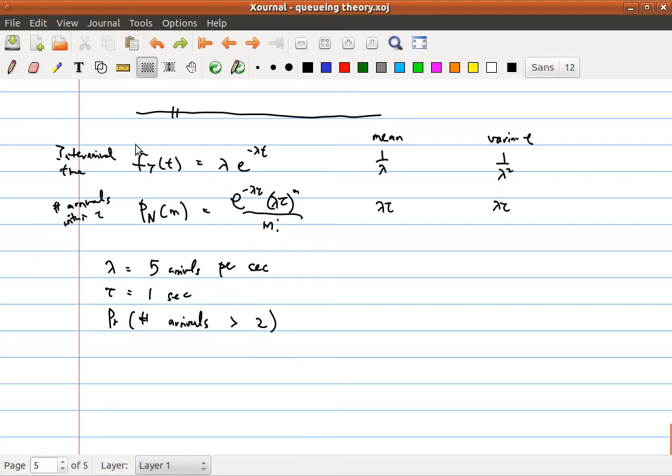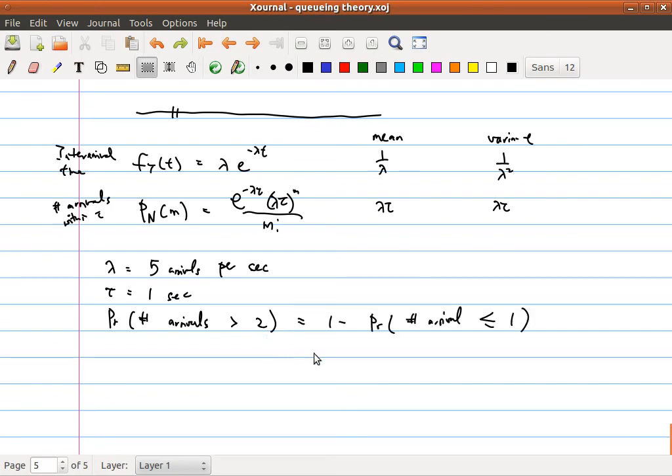With all these probabilities here, it should be very easy to solve this problem. The probability that we have more than 2 arrivals, that will be excluding the case that we have 1 arrival or 0 arrival, right?